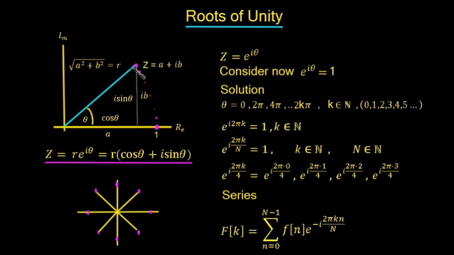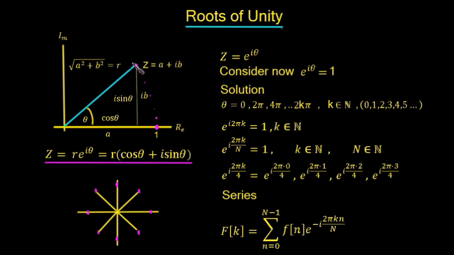So we can say this distance here is going to be r, which by Pythagoras is simply going to be the square root of a squared plus b squared, and the angle in here is going to be theta, and we know from the identity e to the i theta equals cos theta plus i sin theta that this distance here is going to be our cos theta, and this distance up here is going to be our sin theta, actually i sin theta.